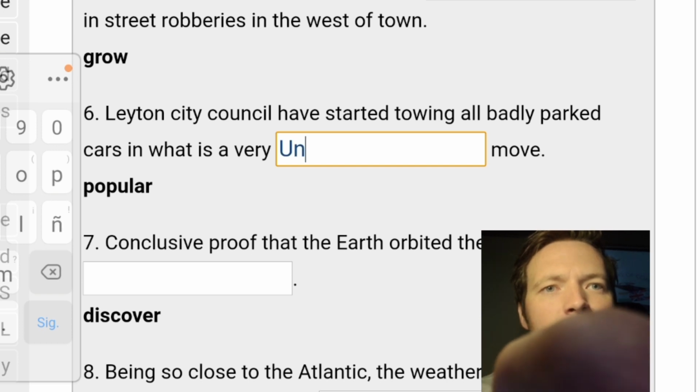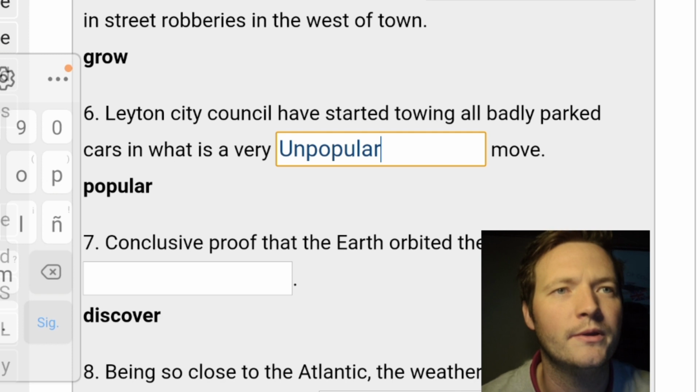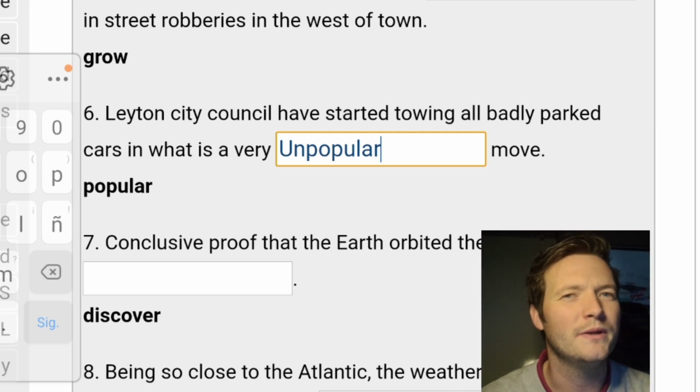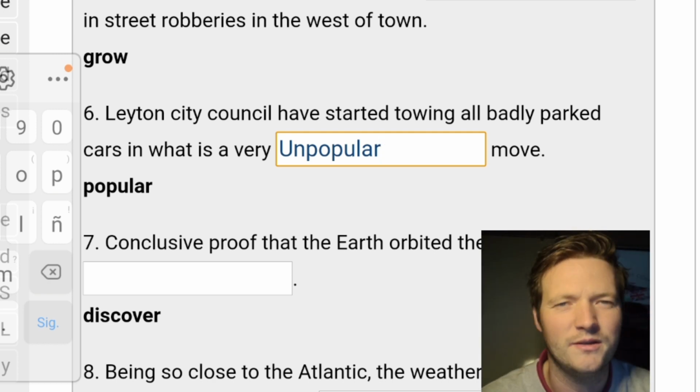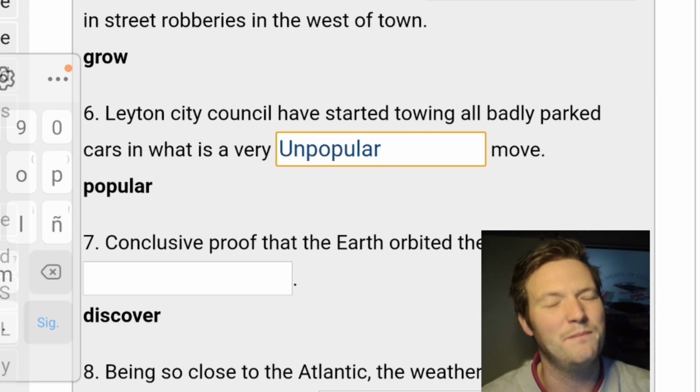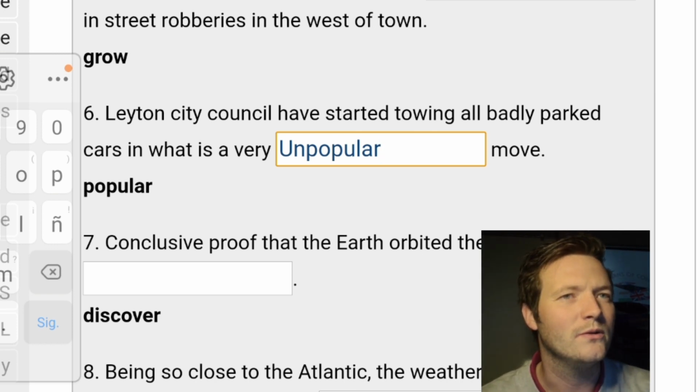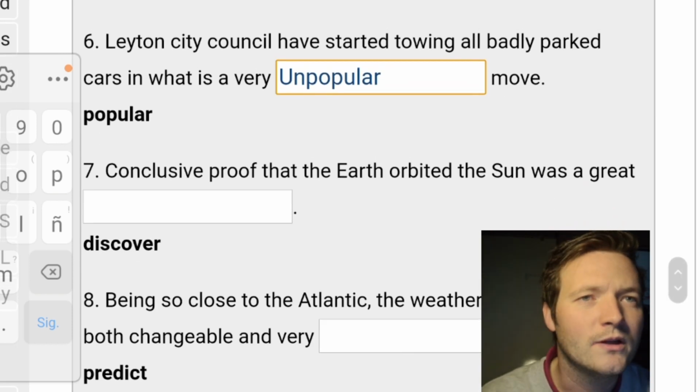You'd imagine. Except, I'm not sure if it's going to be unpopular with everyone, is it? Probably, you get your neighbours who are twitching from behind the curtains looking at the cars that are badly parked, and you know it's them who called, don't you? It's always them.